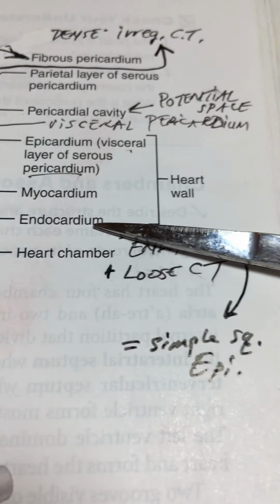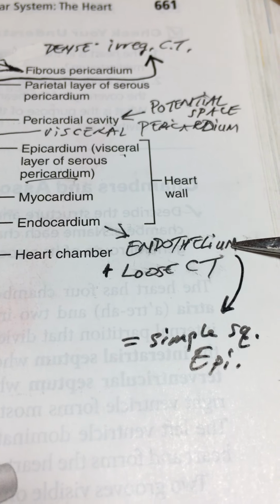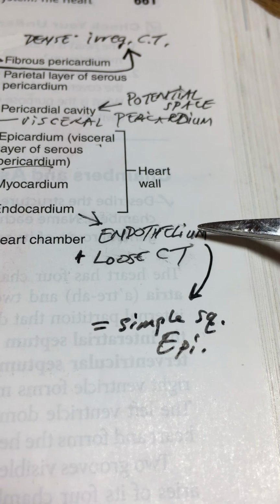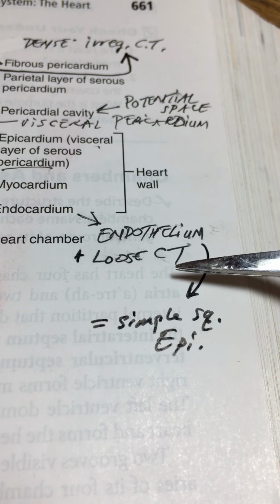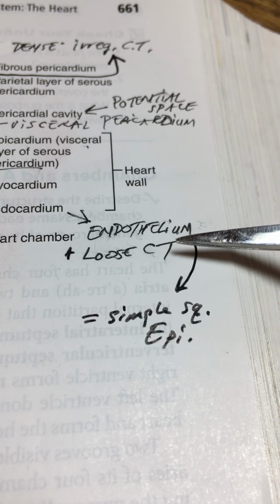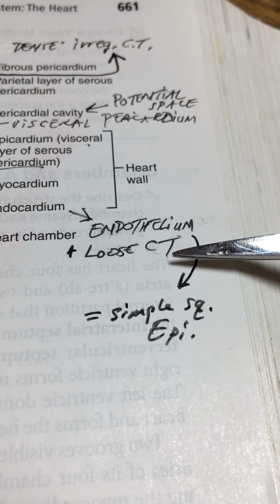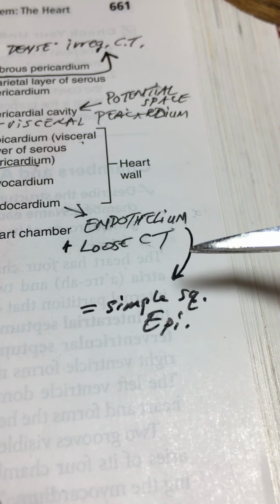endocardium. So the endocardium then is made up of the endothelium, that simple squamous epithelium with an underlying loose connective tissue. There are some things passing through there in the manner of, how shall I say, the house wiring, as it were. Okay?